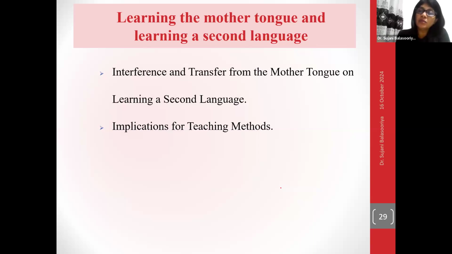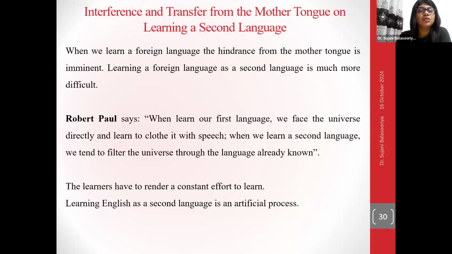We have talked about this mother tongue interference in the process of learning a second language, right? Already we have discussed these things. We may be meeting the same things because we are going to talk about interference and transfer from the mother tongue on learning a second language, right? Interference and transfer, and then implications for teaching methods. So these are the two areas that are highlighted under this topic, we will move on to them.